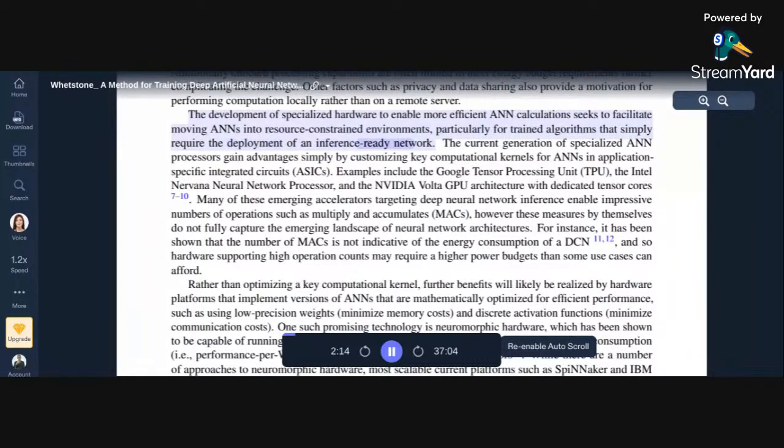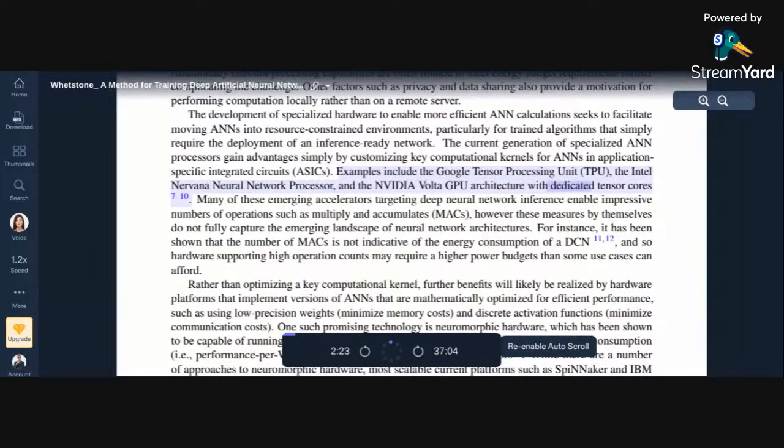The current generation of specialized ANN processors gain advantages simply by customizing key computational kernels for ANNs in application-specific integrated circuits, ASICs, such as the Google TPU, the Intel Nervana neural network processor, and the NVIDIA Volta GPU architecture with dedicated Tensor Cores.